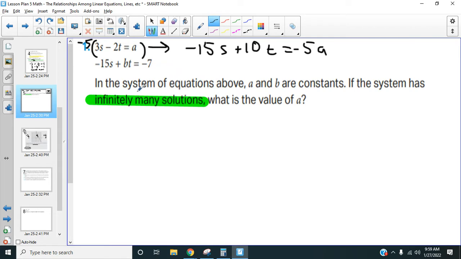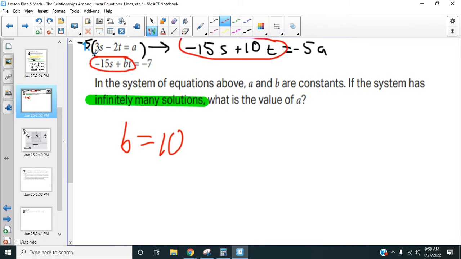That way, the s's are the same. Also, you could say that b has to be 10 if they asked for b, right? Because you'd want this side to be the same as this side. But they're not asking for b, they're asking for a, right?